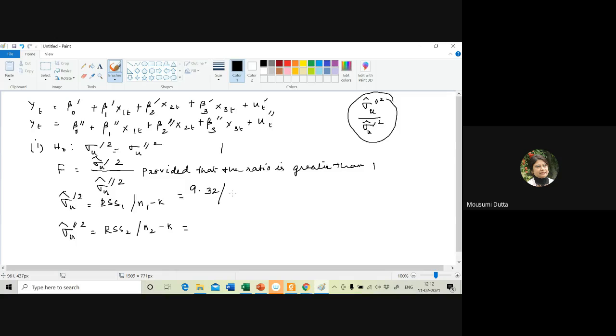And what is N1? 44. So it is 44 minus, how many parameters are there in the first regression model? 4.